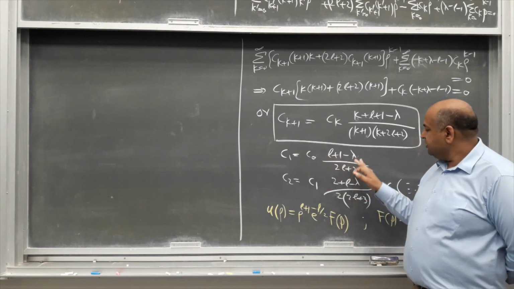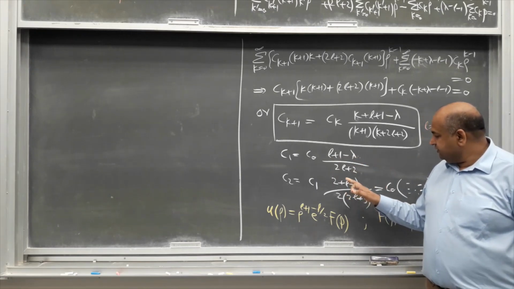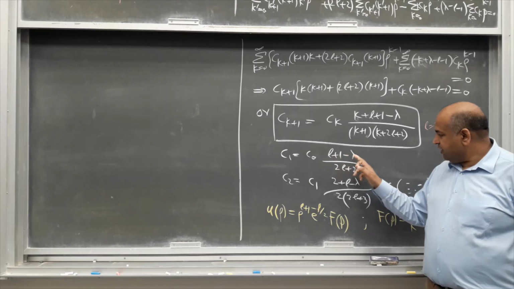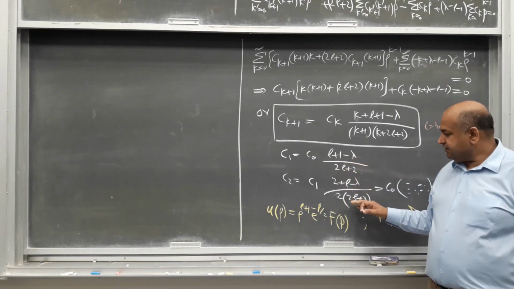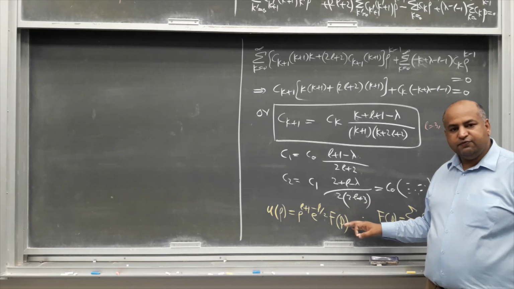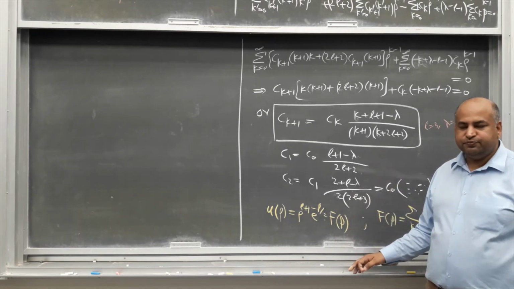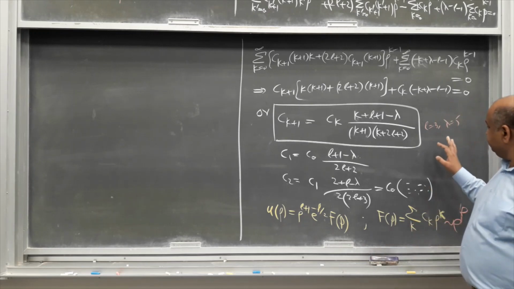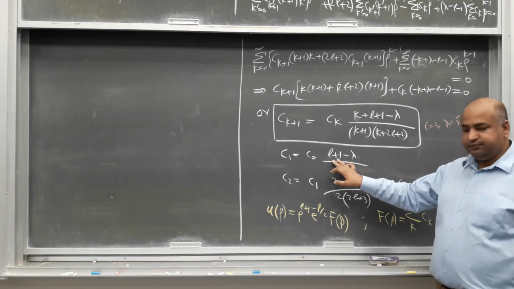Suppose L is 3 and lambda is 10. Then this would be 4 minus 10, 5 minus 10, then next 6 minus 10, and at 4 or 5 it would be 10 minus 10, and all the coefficients following would be 0. So it means that if lambda is an integer greater than L plus 1, the series terminates.